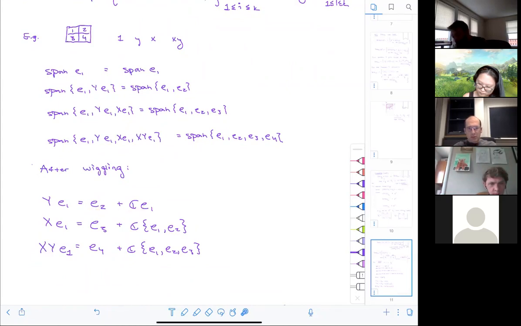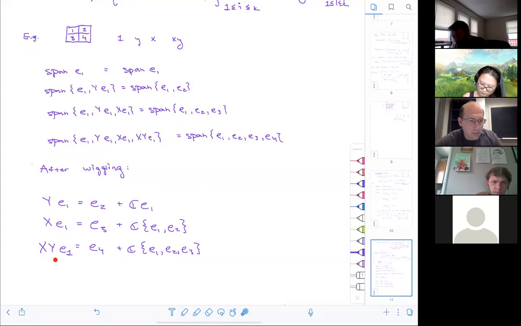By changing basis, we may as well make that a 1. So y of e1 is e2 plus some multiple of e1, and so on. x times e1 is e3 plus something in the subspace C2.